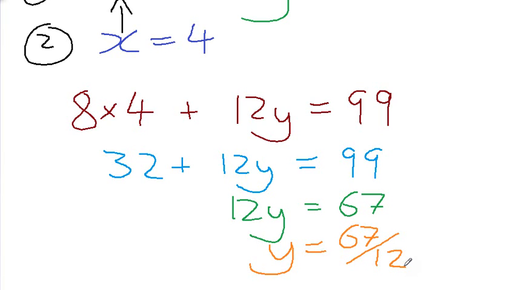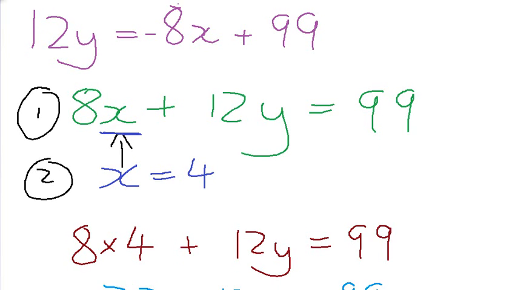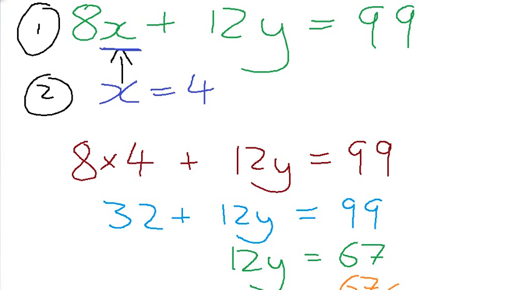You can simplify that down. Sorry, you can't simplify that down. You can write it out as a decimal if you really want, but it'll go on forever. So I'd leave it as that if you can. Right, let's find out what x is. So x is in there. So let's put our y in. So actually, it's good that we left it as a fraction because we can just times by 12 now.